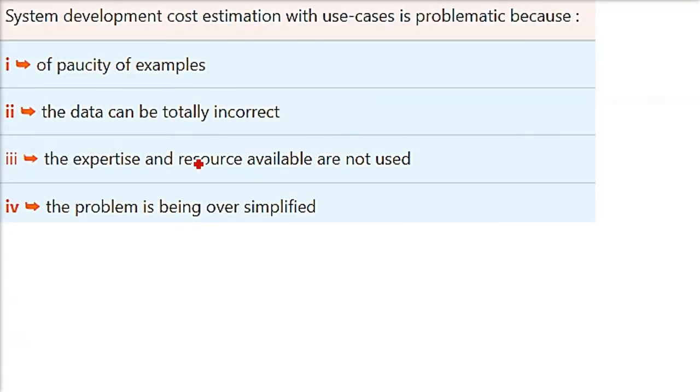System development cost estimation with use cases is problematic. We already saw that KLOC, kilo line of code, is a metric of sizing. The FPA is the best metric for sizing. Use case also we can use. But here the problem is use case making is you and me, we are making.